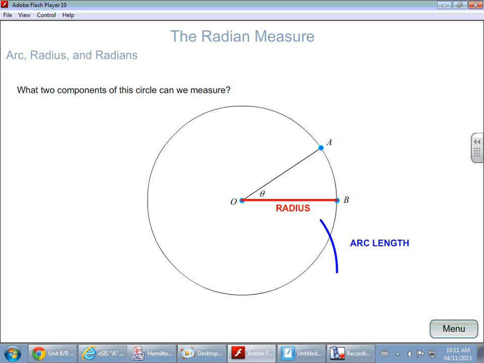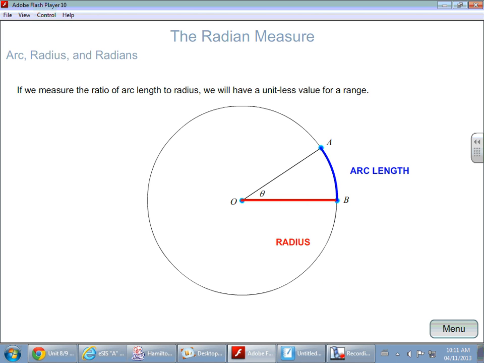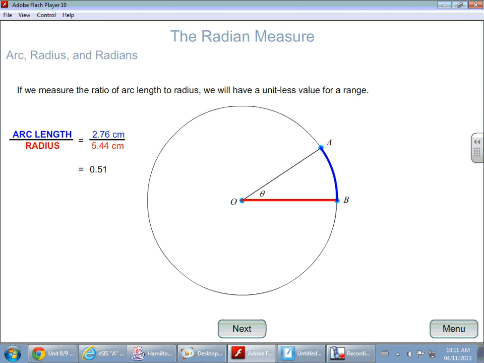It measures off the radius, measures off the arc length, and divides the arc length by the radius. So the size of that angle is 0.51 radians. It was 34 degrees, but now it's 0.51 radians. Radians are a different way of measuring angles. That's all they are.